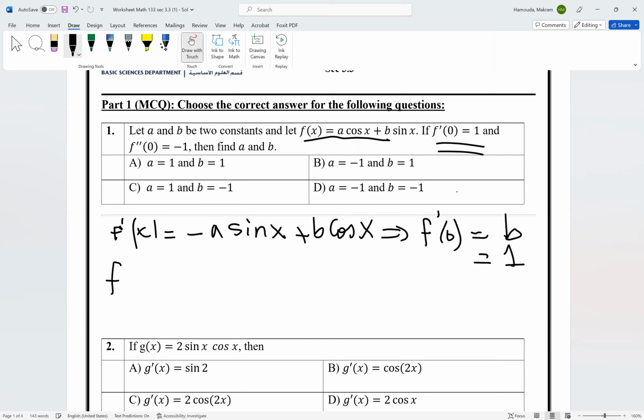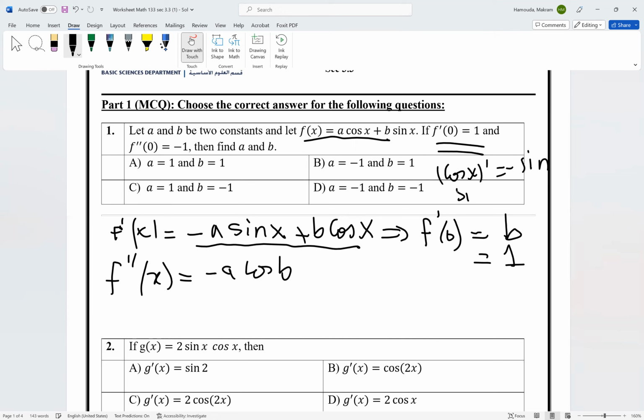Then I will compute f secant of x. So I will differentiate this function here, the f prime. So derivative of sine is cosine multiplied by minus a, so it's minus a cosine. And derivative of cosine is minus sine. Don't forget that we have these two rules, cosine x prime, that's minus sine, and sine prime, that's cosine.